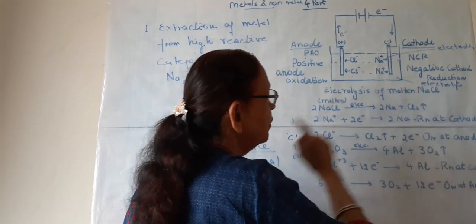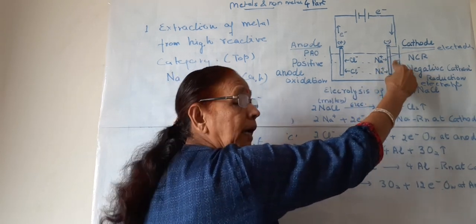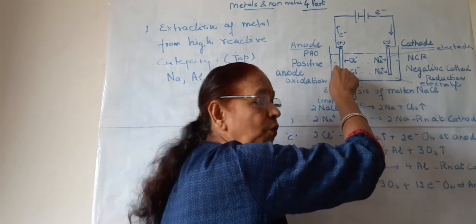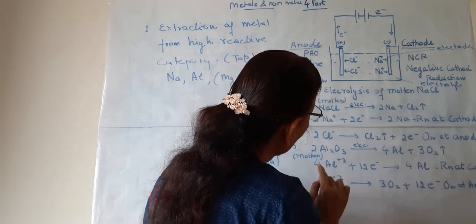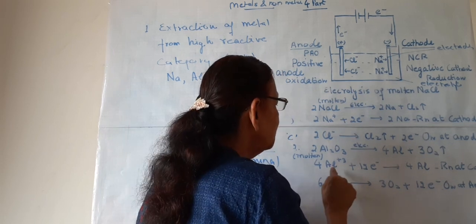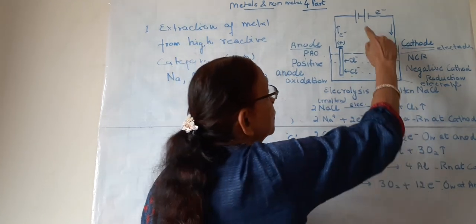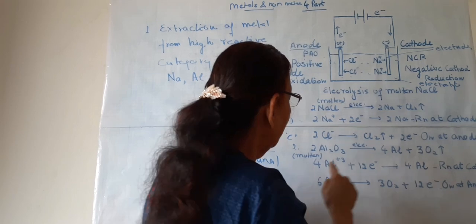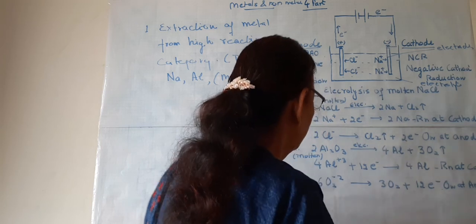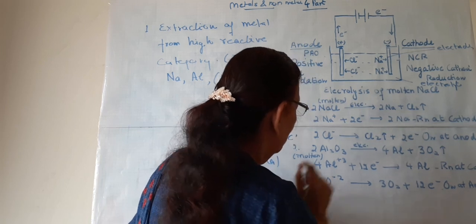How does this overall equation arise? Here instead of NaCl we have Al₂O₃. At the cathode we get aluminium, and at the anode oxygen gas is evolved. Aluminium has valency 3, so to get 4 aluminium it needs 12 electrons. So 12 electrons come from here, and 4Al³⁺ forms 4Al by reduction at the cathode. And here we have 6O²⁻, not O₂.